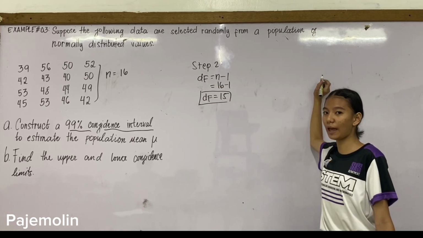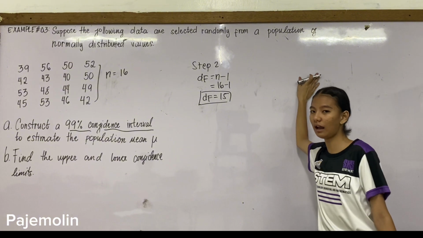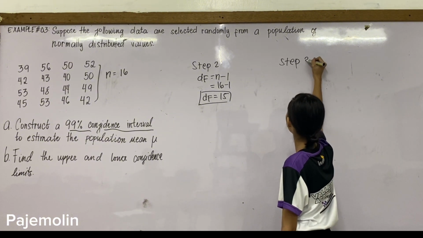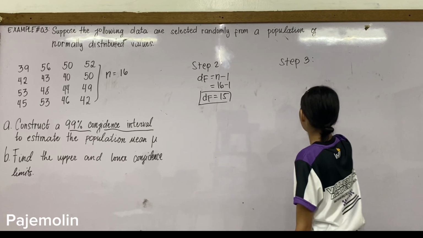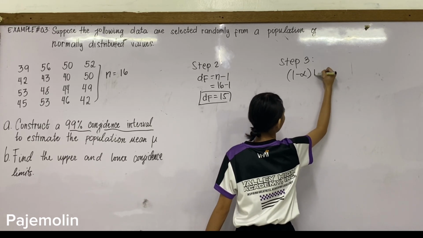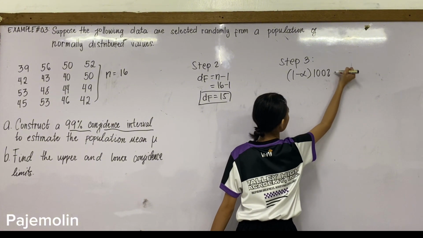So our third step is we need to find our alpha. So 1 minus alpha is equal to the confidence level over 100%.